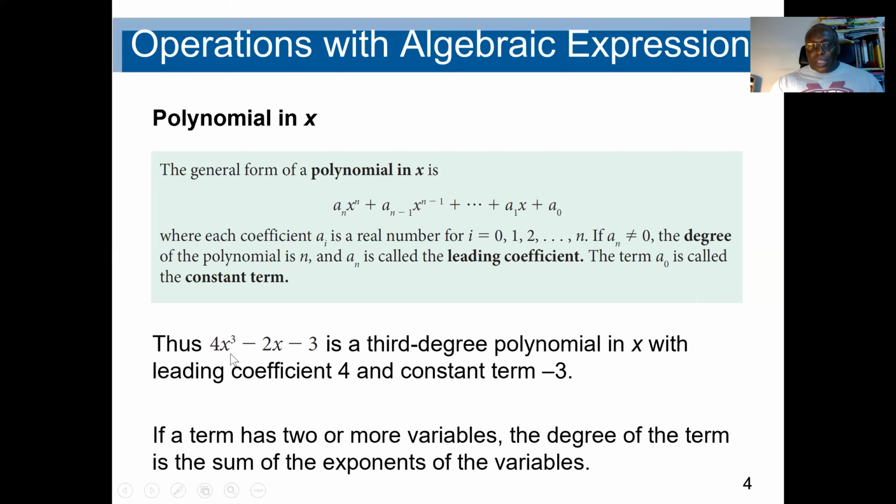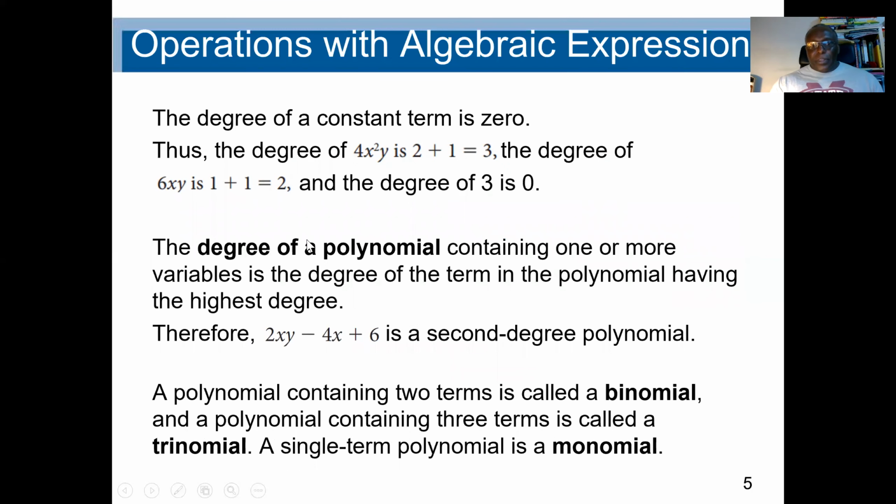So example here again, 4x cubed minus 2x minus 3. 4 is the coefficient of x cubed, negative 2 is the coefficient of x, and negative 3 is the constant value or constant term. We also have the degree of a constant term, which we always say is 0.